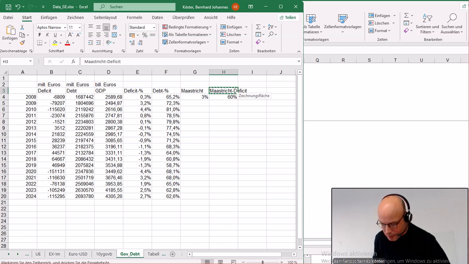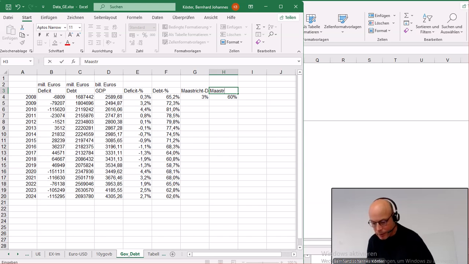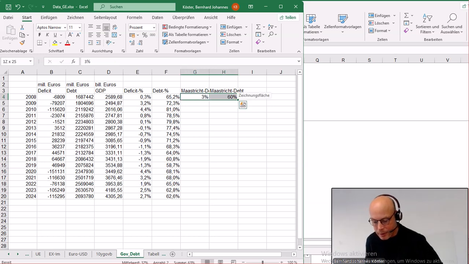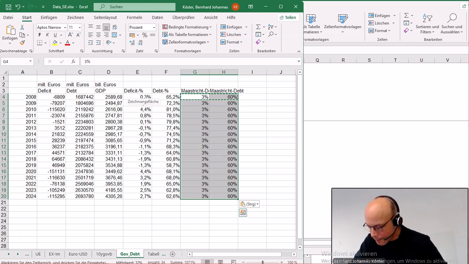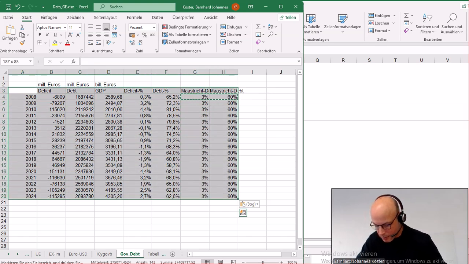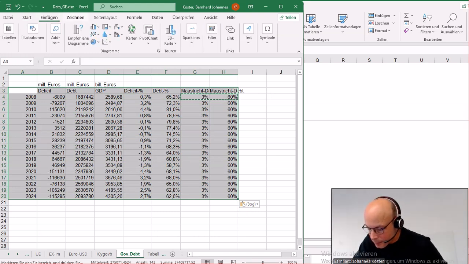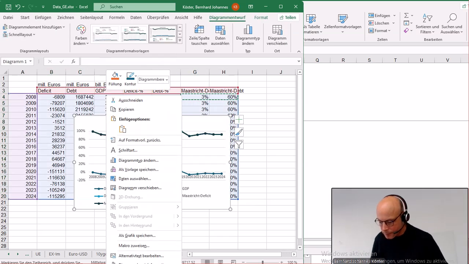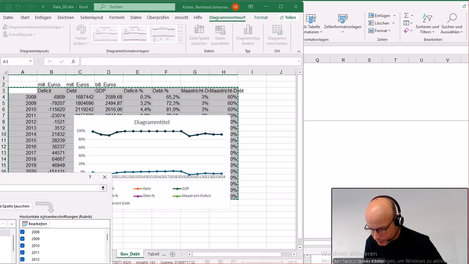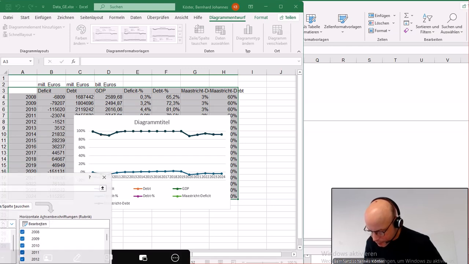This is the wrong one here, and Maastricht debt. And let's see how it looks. And zap.